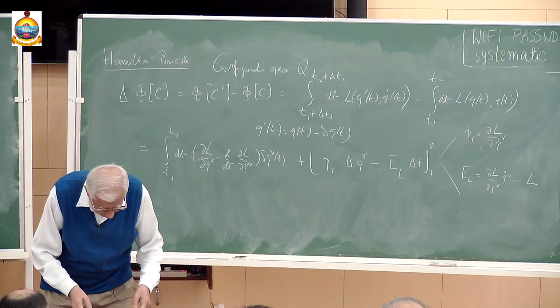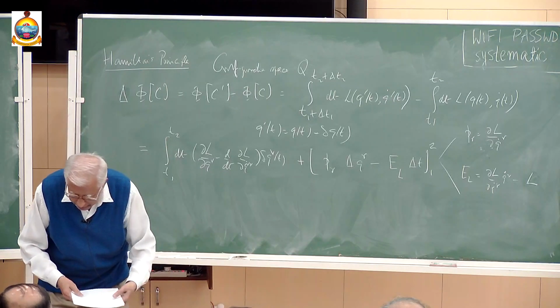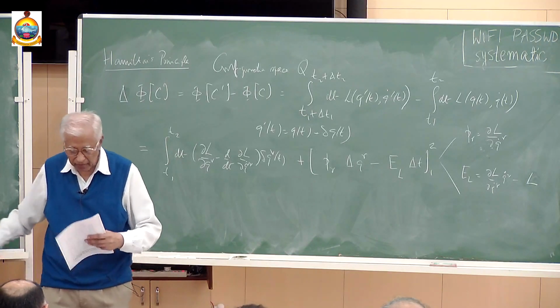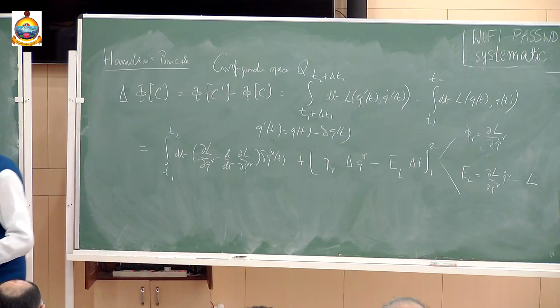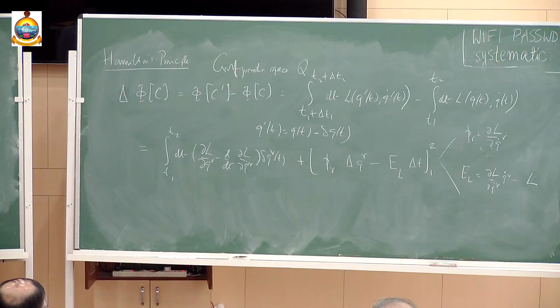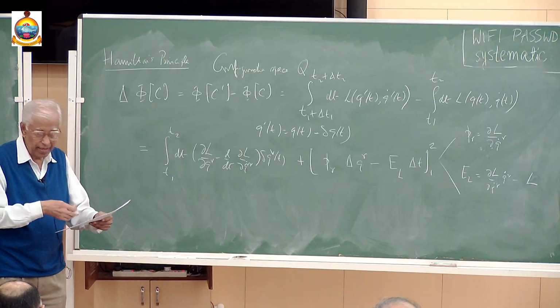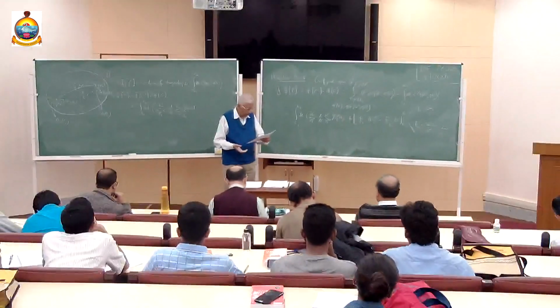So, the definitions of the momentum and the Hamiltonian pop out from the expression for the variation. I had mentioned that there were attempts before Hamilton to formulate such principles of least action. I just mentioned briefly, they are in the notes, but it is interesting to know.